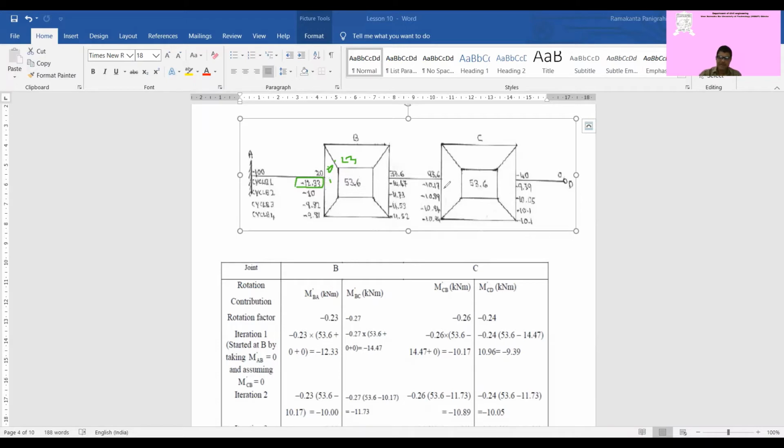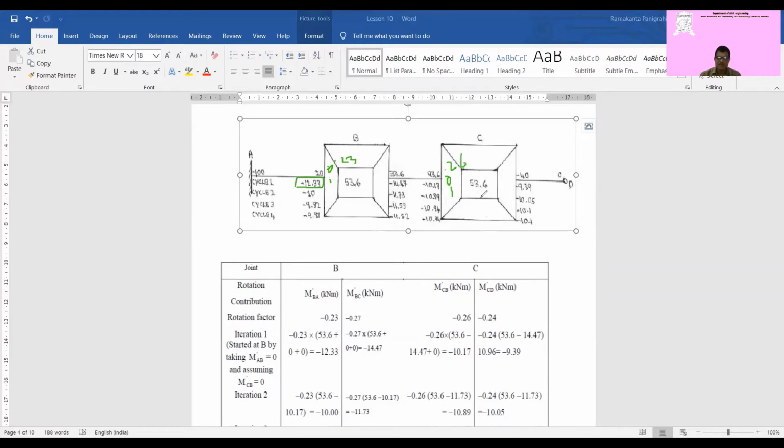Okay. And then if you come to here, whatever value you have got here, the rotation factor will be minus 0.27. Minus 0.27 into 53.6 plus the contribution from both the ends. While coming here, this is minus 0.26, so minus 0.26 multiplied with 53.6.